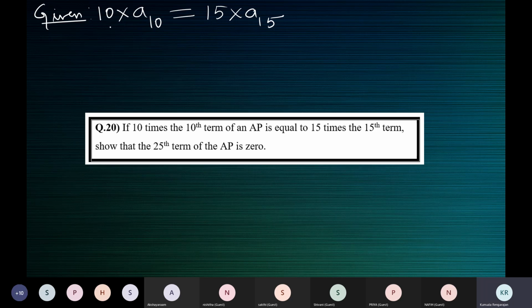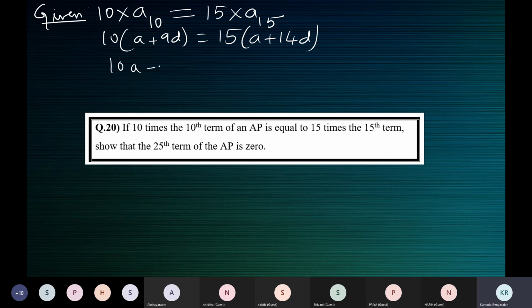So let's work this. We need to prove that the 25th term of the AP is 0. That means we must get the answer as a plus 24d is equal to 0. If a plus 24d is equal to 0, that means the 25th term is 0. So 10 into a plus 9d is equal to, this is given to us, 15 into a plus 14d.